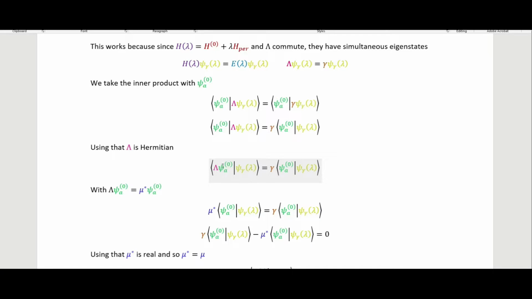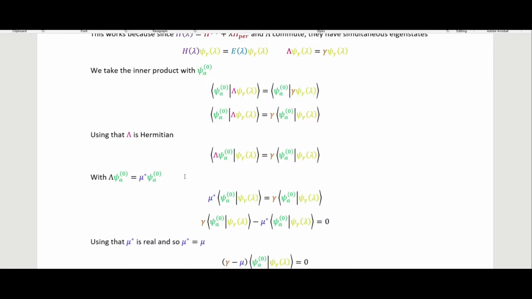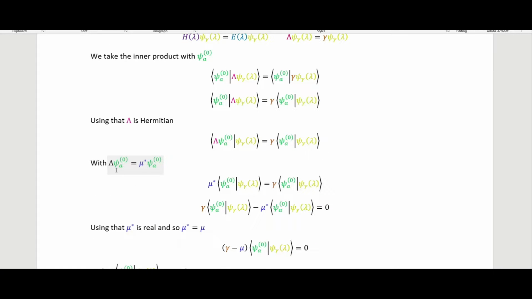So we can act it on either one of these, the bra or the ket here. And so with the lambda acting on this psi sub A here, we get some value mu, which is the complex conjugate of mu here. So we have this mu times this bracket here equals this gamma times this bracket here.